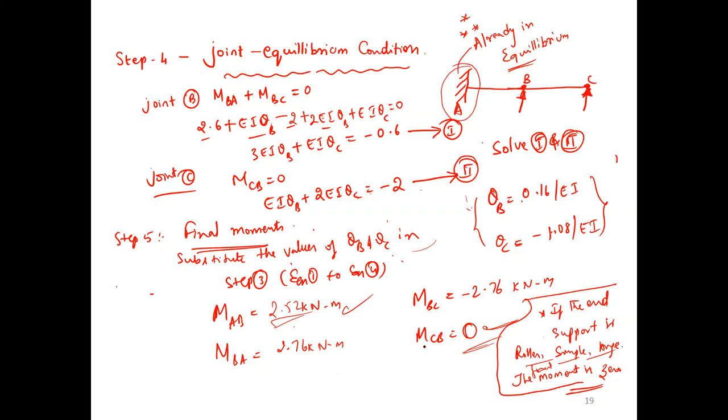So any doubts in this? Next the final step: bending moment diagram. We will plot the bending moment diagram and end the session. Now is this clockwise or anti-clockwise? AB positive clockwise, BA positive clockwise, BC anti-clockwise, and this is 0, right?